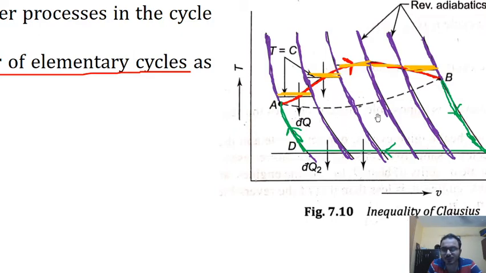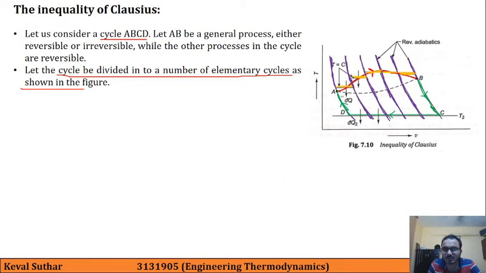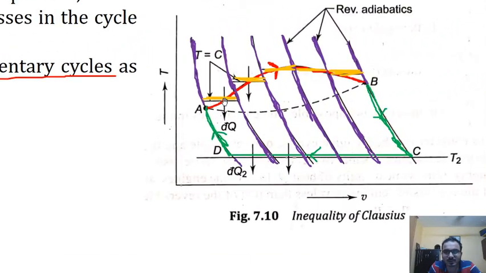If you count 1, 2, 3, 4 and 5, the entire original cycle ABCD is replaced by 5 small cycles, and all these small cycles have the characteristic that they have two reversible isotherms, this yellow isotherm and this green isotherm, and two reversible adiabatics, this blue reversible adiabatic and one green reversible adiabatic.